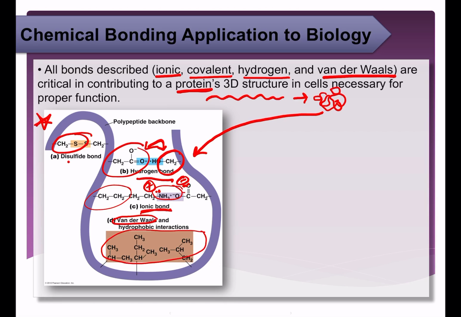And a disulfide bond here is a good example of a covalent bond that can be formed between two side chains. They specifically call it a disulfide bond because it's a covalent bond formed between two sulfur atoms for those two particular amino acids.